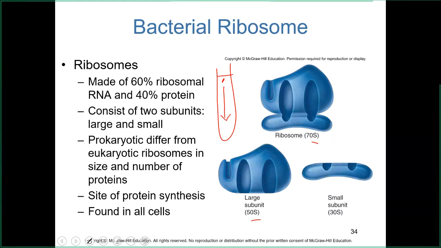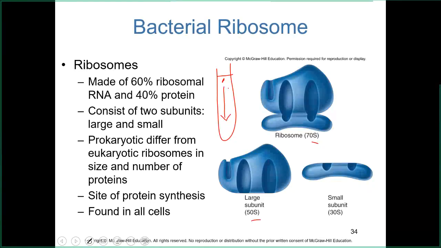Whatever level that is, after a set amount of centrifugation, will correspond to the weight. So heavy things sink way to the bottom. They'll have high Svedberg values, and lighter things will settle out higher up, and so they'll have lower Svedberg values.